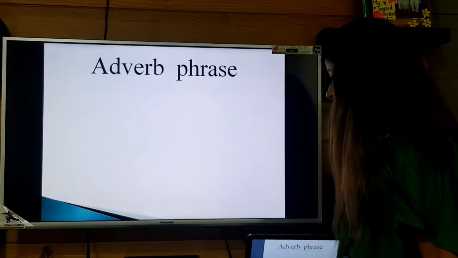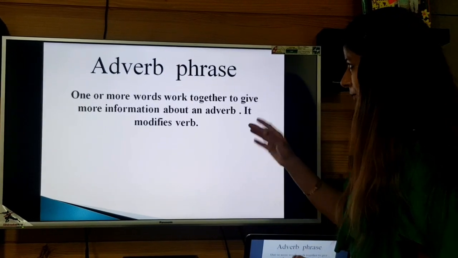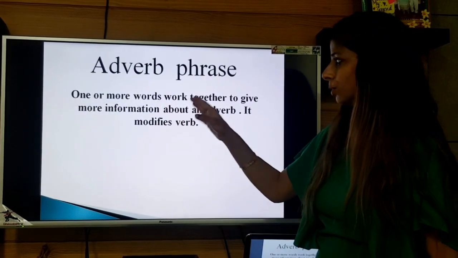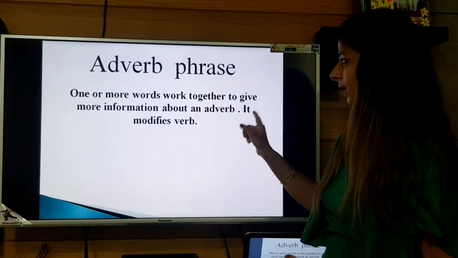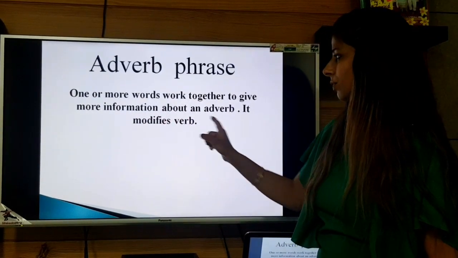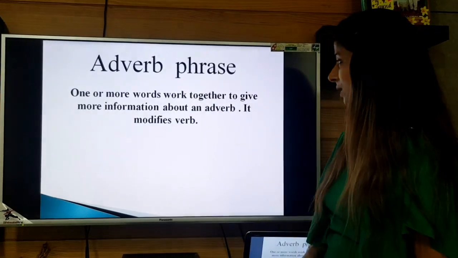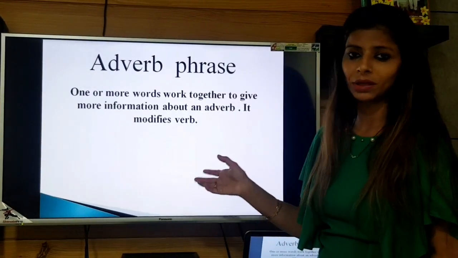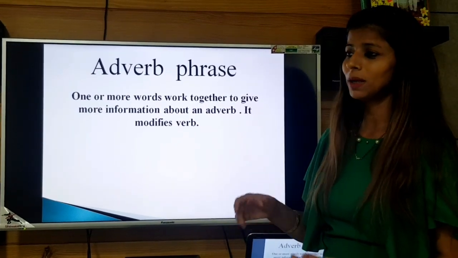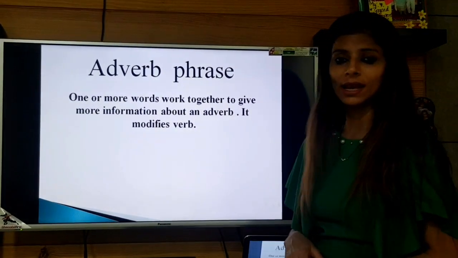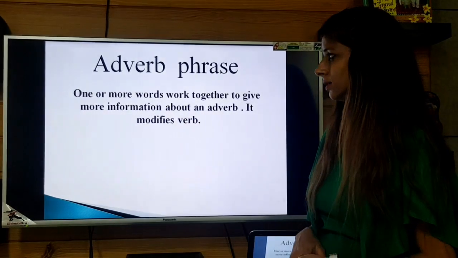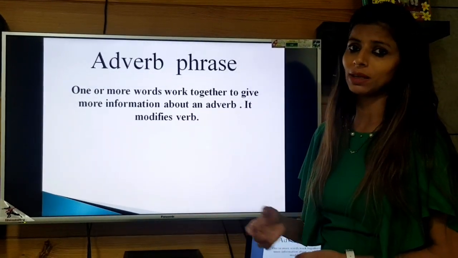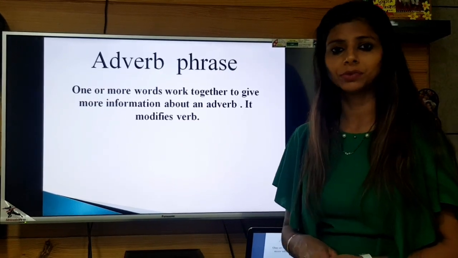So this will be our adverb phrase. Here our definition is: one or more words work together to give more information about a verb. So whatever modifies a verb and acts as an adverb in the sentence, if it is more than one word, then it would be taken as an adverb phrase.